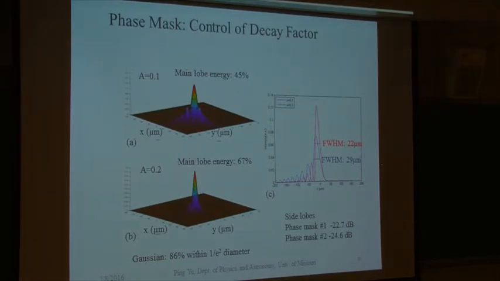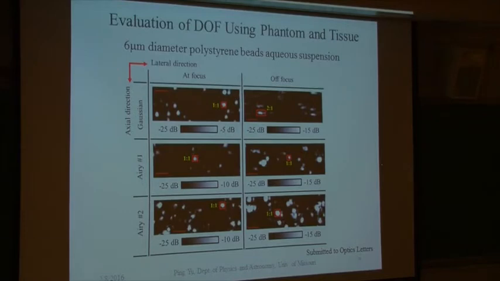Basically, those side lobes get less important for our imaging. And this is the result for the turbid medium. We just put polystyrene beads of different sizes into distilled water, and we use the imaging technology to see different depths and to make a comparison of the Gaussian beam and the Airy beam.